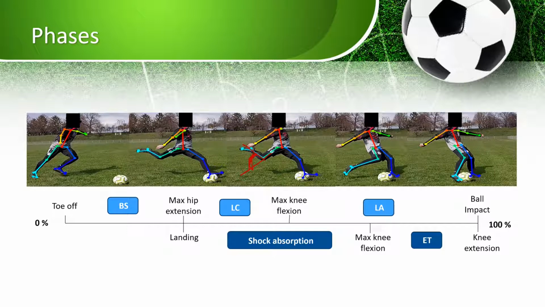You might get confused because mathematically the knee angle is here, but in biomechanics people usually use this angle in red here.